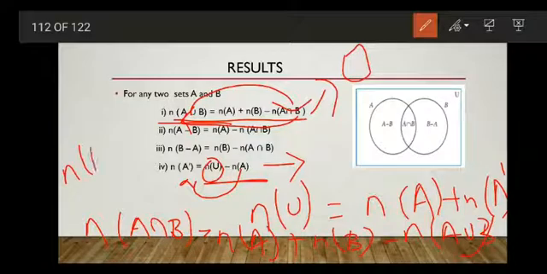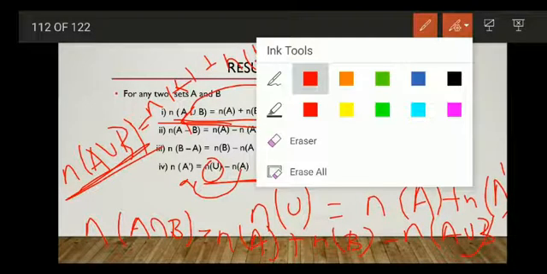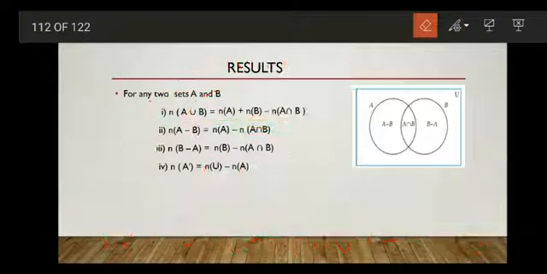When two sets A and B are disjoint, n of A union B is equal to n of A plus n of B. Okay, because A intersection B will be equal to 0. That we'll see as note.